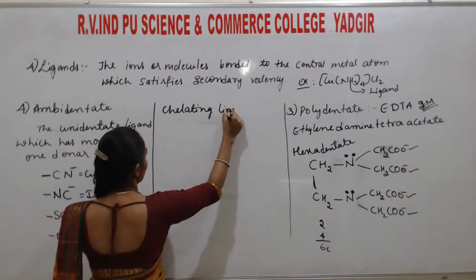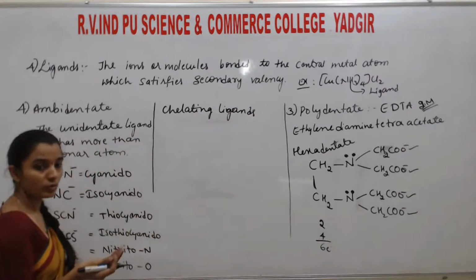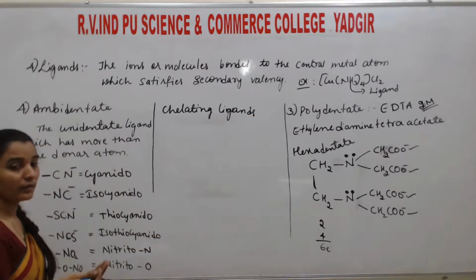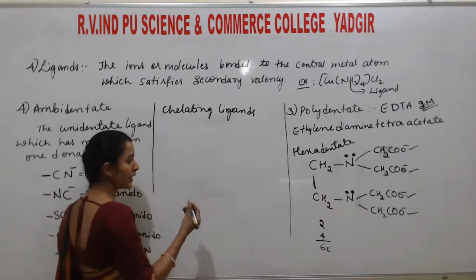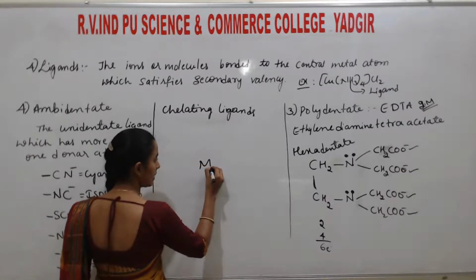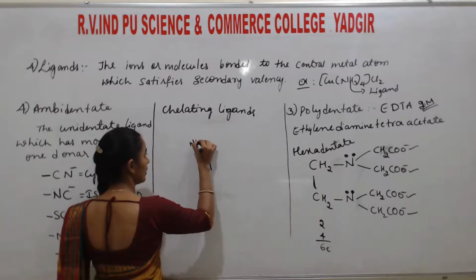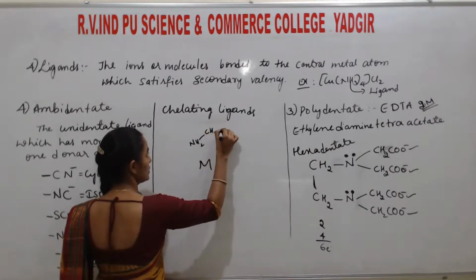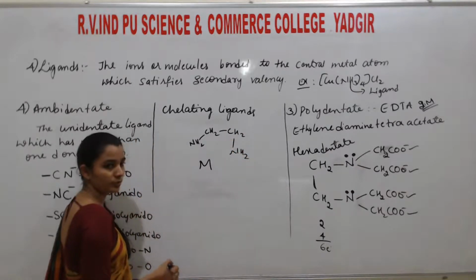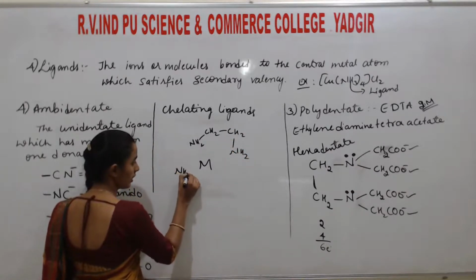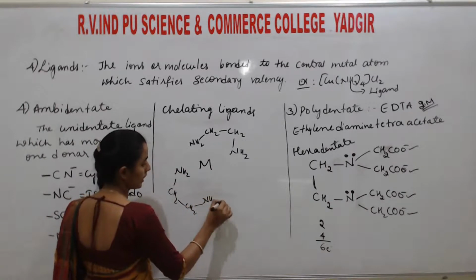Chelating ligands means if two or more donor atoms are there, for a bidentate, hexadentate or polydentate ligand, with a metal atom. For example, this is ethylenediamine, NH2, CH2, CH2, NH2. Correct? Next, NH2, CH2, CH2, NH2.